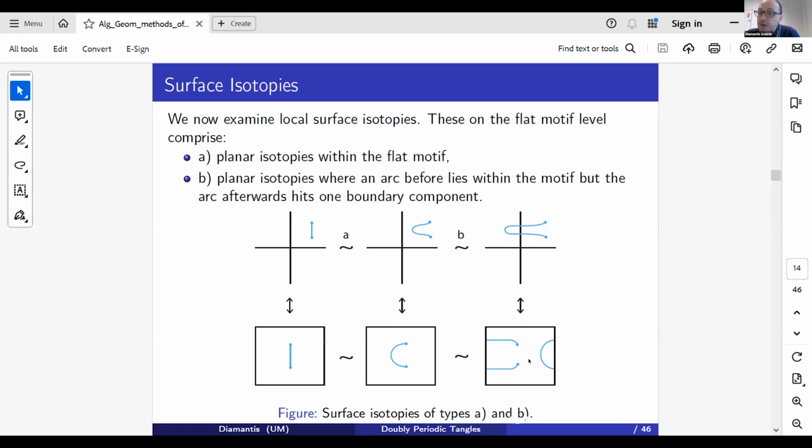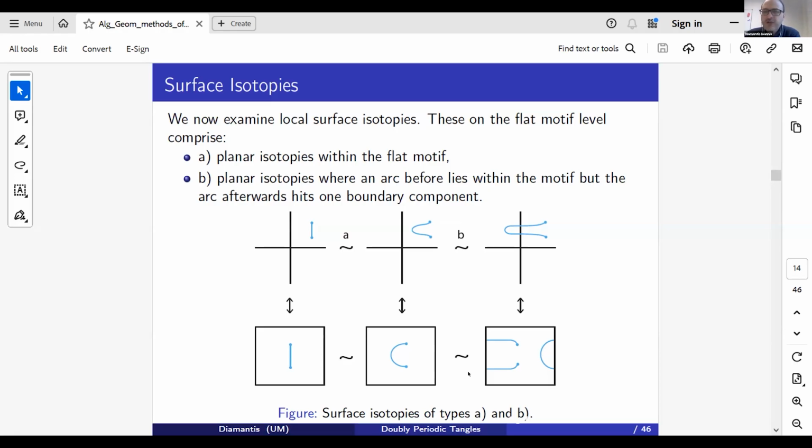And this is what we will see if we just push this towards this point. It's like a finger move. You just push it, push it, push it. Because of the identification space, it goes to the other side. So you push this, it goes here, it touches this boundary, and it goes to the other side, and it appears like this. So this is what we call surface isotopy.